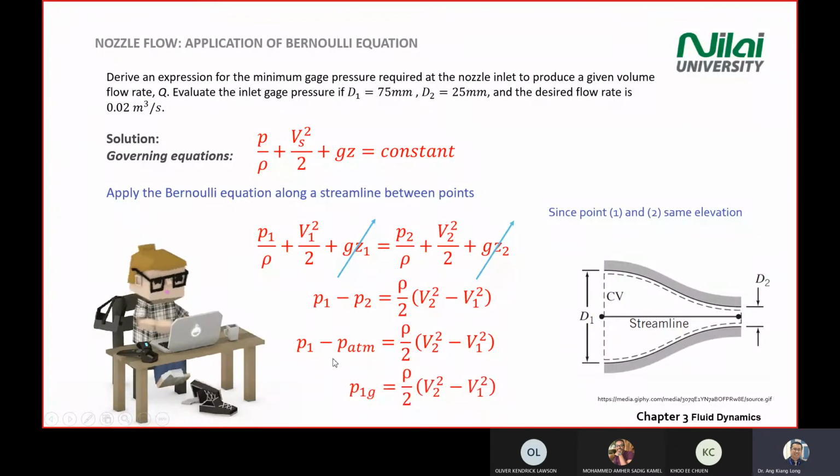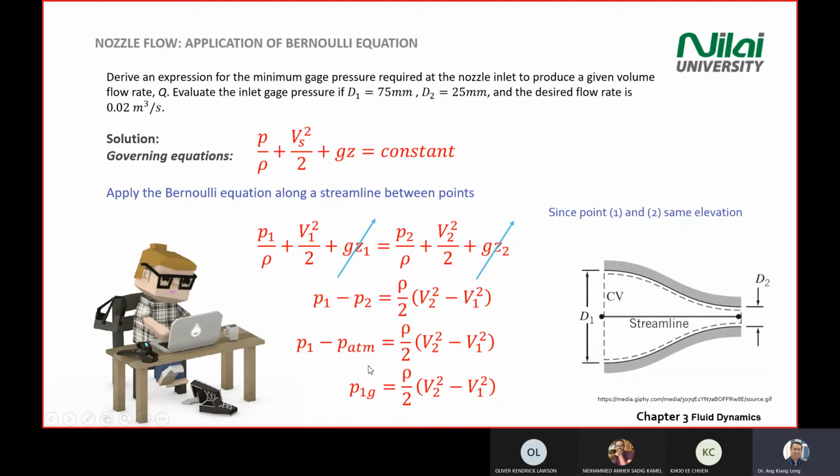Just a side note, when we take P1 minus atmospheric, we get gauge pressure. If we take the pressure, the difference between the pressure and atmospheric pressure, we get a gauge measurement.